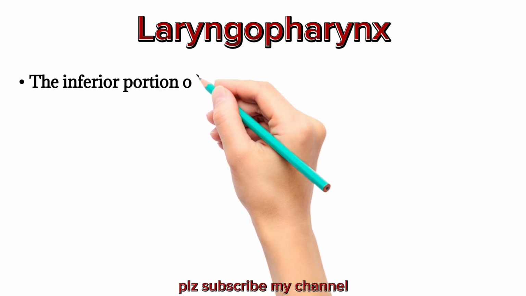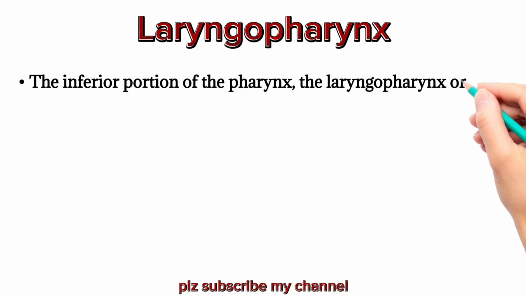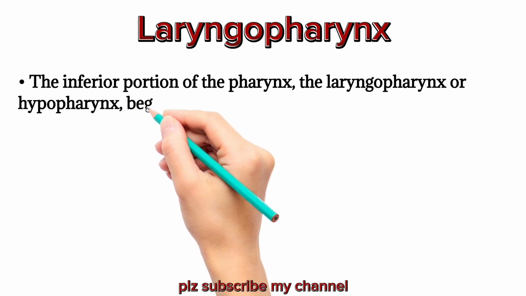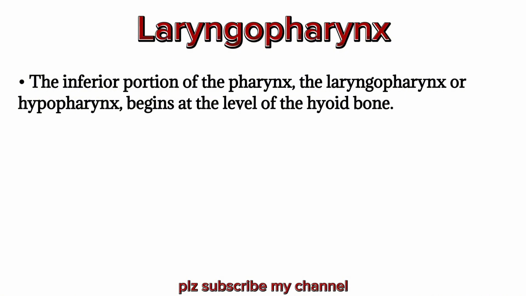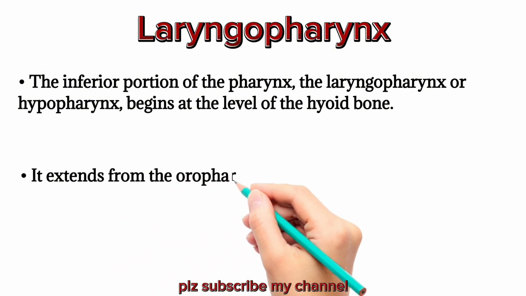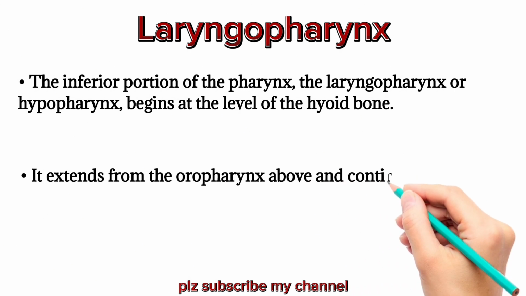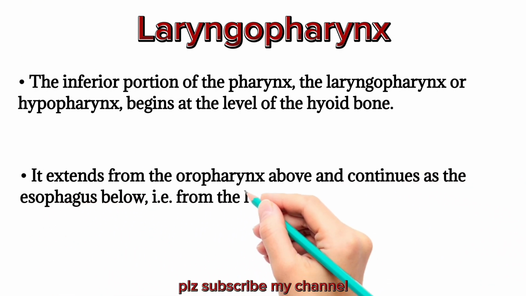Laryngopharynx. The inferior portion of the pharynx, the laryngopharynx or hypopharynx, begins at the level of the hyoid bone. It extends from the oropharynx above and continues as the esophagus below, that is from the level of the third to the sixth cervical vertebrae.